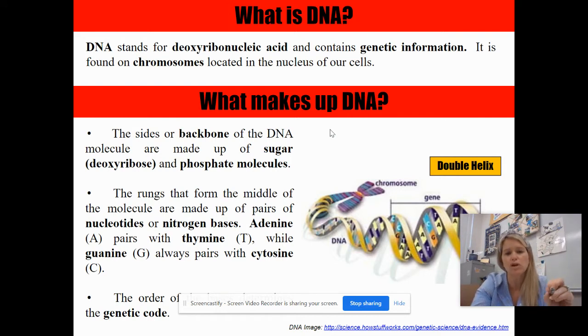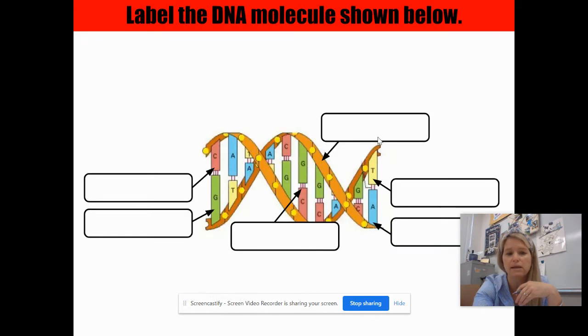So as we look at the structure of it, we say that it's a double helix molecule, and that it's made of sugar molecules and phosphate molecules. And there's different base pairs that go together, and you can see in this picture here, the C goes with a G and the A goes with a T. Okay, and the A is the adenine and T is thymine.